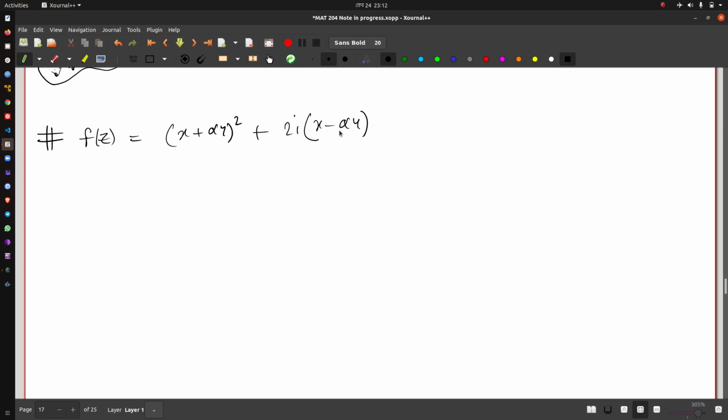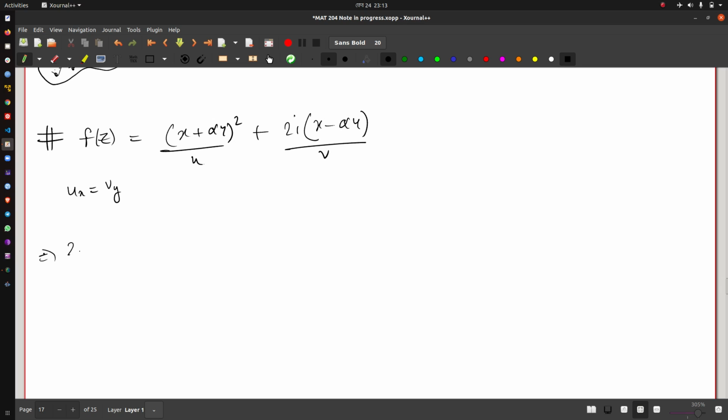They ask you, can you find such alphas that will make your f of z analytic? Okay, so let's try to see. The first thing is we have to see the Cauchy-Riemann conditions, and using the Cauchy-Riemann conditions we can first determine whether the function itself is differentiable or not. So the Cauchy-Riemann conditions were ux equals vy. So this is our u, this is our v.